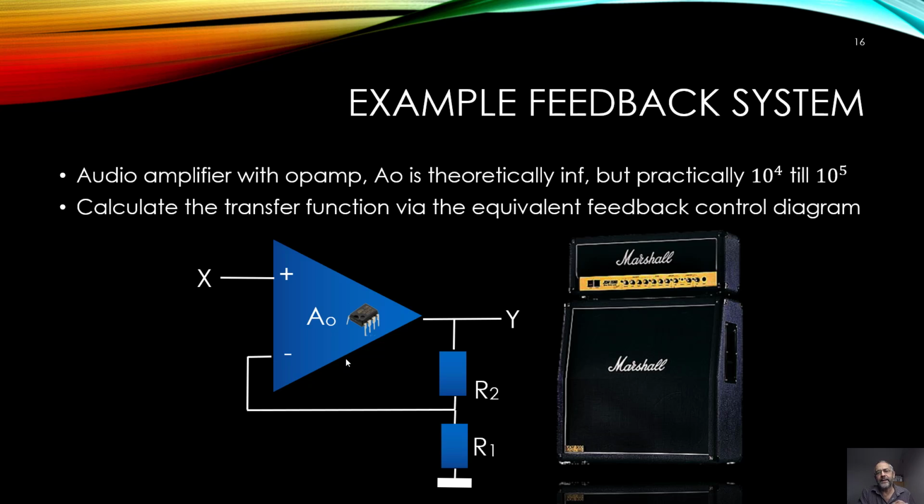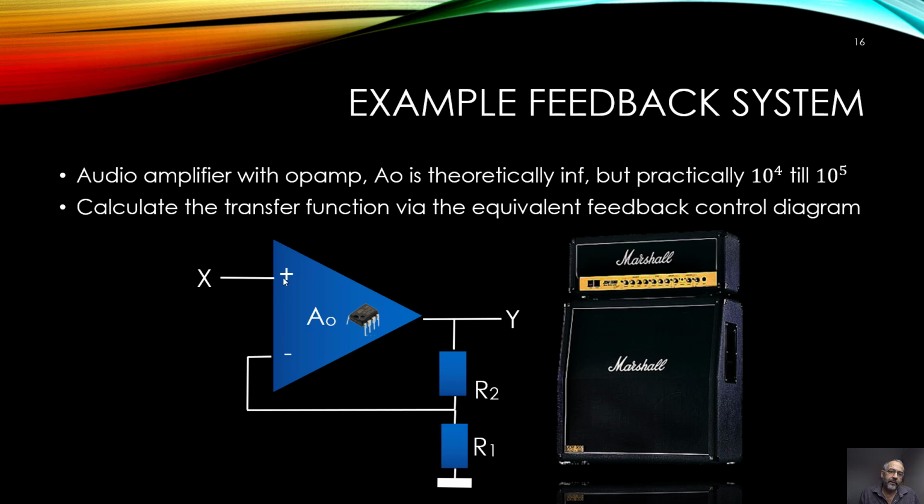For our calculations, we can actually assume it's infinite, but in reality, it will be a high factor like 10,000 or 100,000, 10 to the power 4 or 10 to the power 5. That's what this op-amp does. It takes its input and amplifies it with a very high factor.